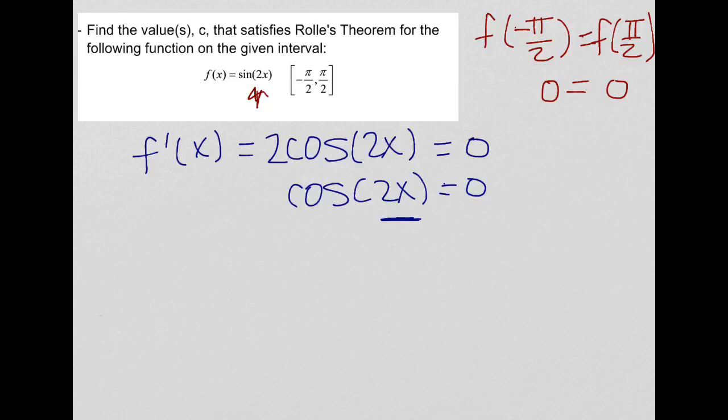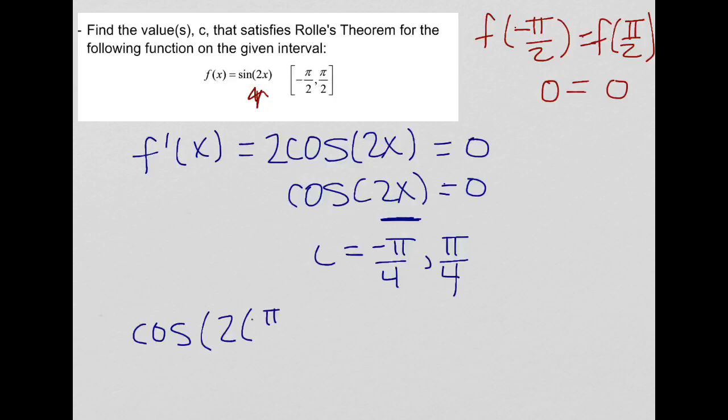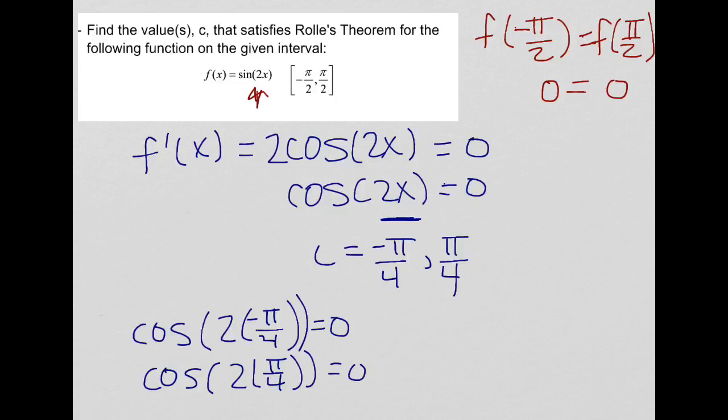So my answers end up being at negative pi over 4 and pi over 4. And that's because cosine of 2 times negative pi over 4 is 0, and cosine of 2 times pi over 4 is also 0.